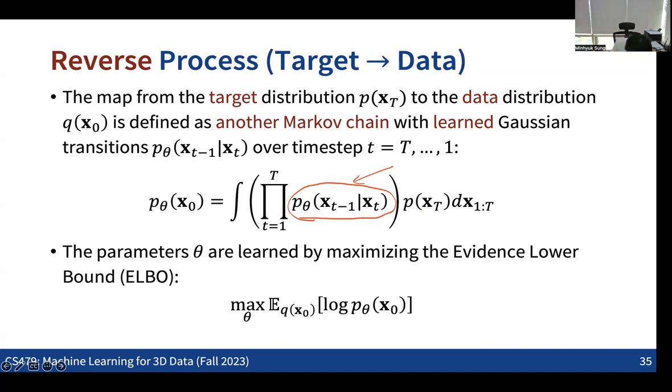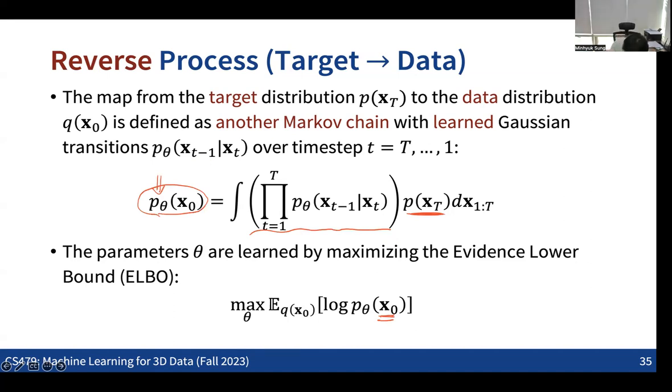And as the loss function of the neural network, what we are going to do is sample from the target distribution and do the transition multiple times in the reverse way. At the end of the day, we check the probability values, the density function, for the samples that we have. For the data distribution, we have a bunch of samples, for example images in image space.